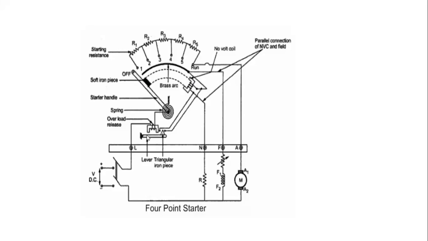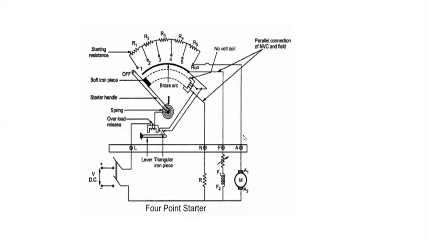If any overload is obtained, the magnet is energized and pulls the handle back from the on position to the off position by attracting the iron piece. That means an overload has occurred, and the system is protected by the starter.